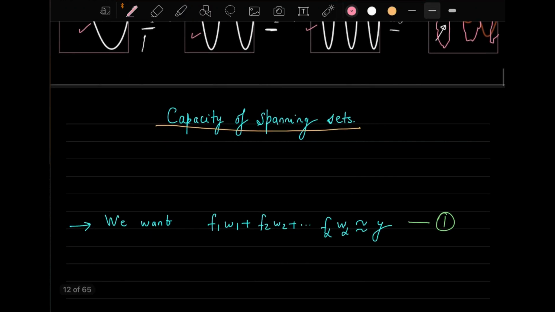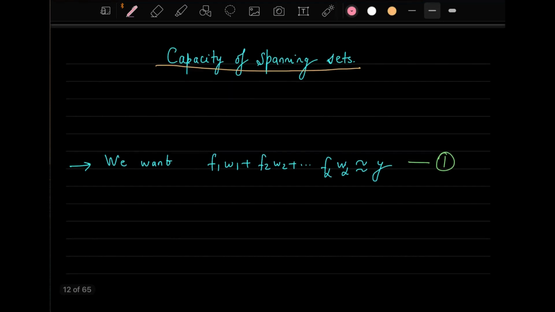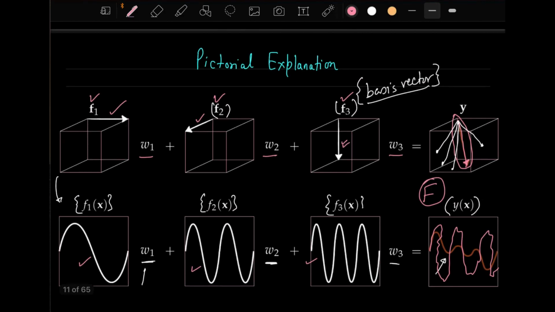Now what we will discuss is the capacity of these spanning sets. To understand it, what we actually want is that the linear combination of these vectors should be as close as possible to the original vector, which is y. So we want the linear combination of these vectors to become equal to the particular vector which we want to generate.